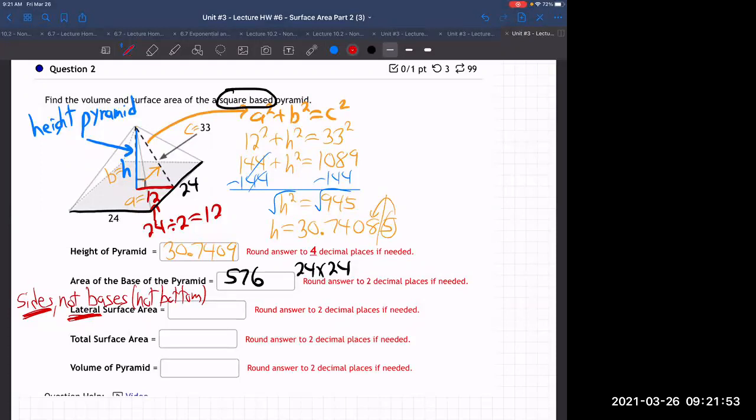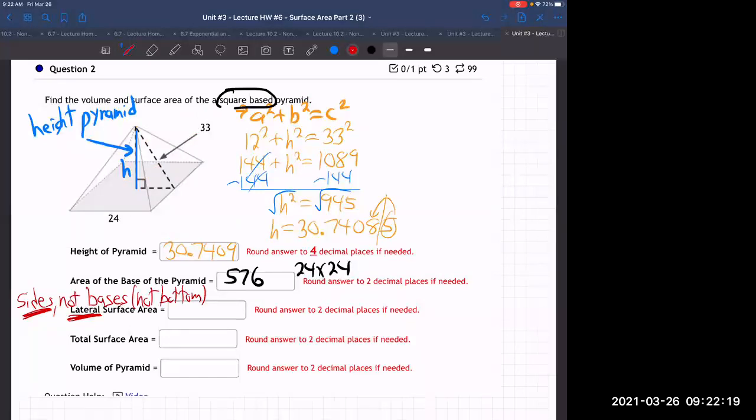Around this pyramid, 4 sides. So let me erase some of what we've done just because it's getting too cluttered. So basically we have 4 sides.